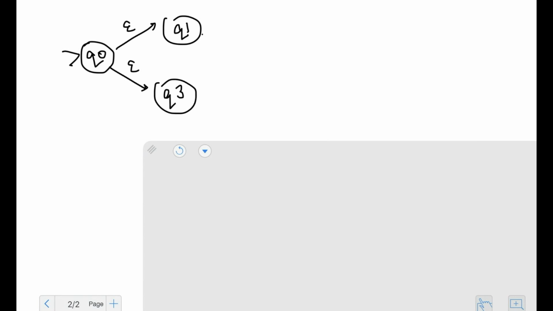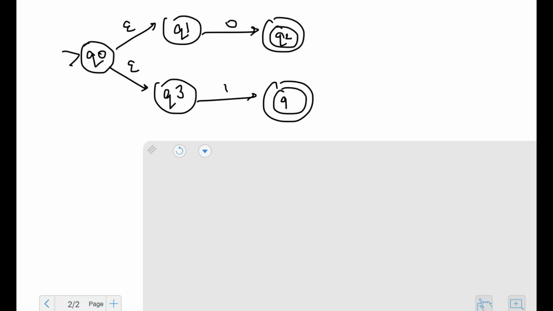And Q1 on a 0 goes to a final state which is Q2, and Q3 on a 1 goes to a final state which is Q4. On 1 Q1 retains state, on 0 Q2 retains state, and on a 1 Q2 comes back to Q1.